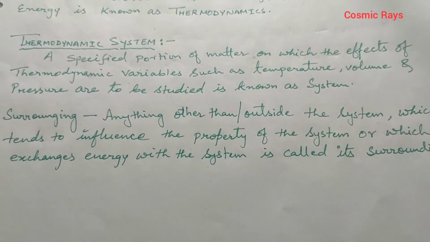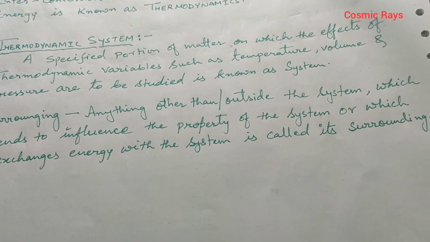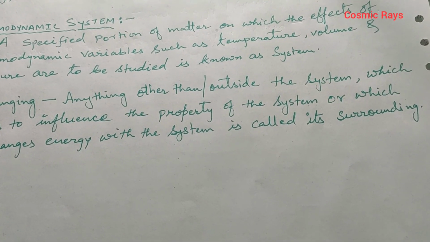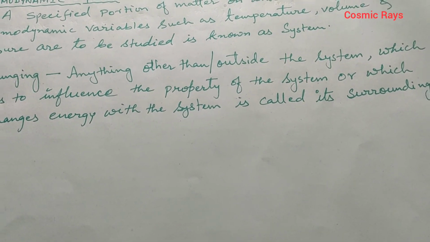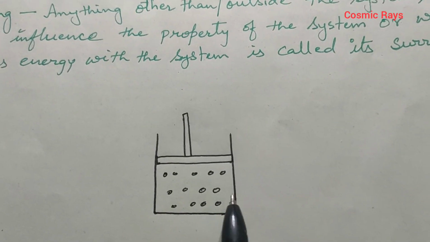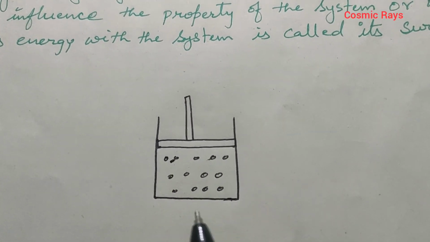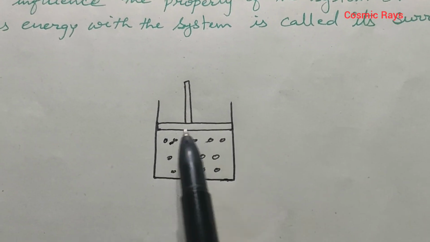Let's take one example. Suppose we have some particles of gas enclosed in a cylinder which is fitted with a piston. So here we have a cylinder which encloses the gas particles or gas molecules, and it is fitted with a piston, and we want to study about this gas.